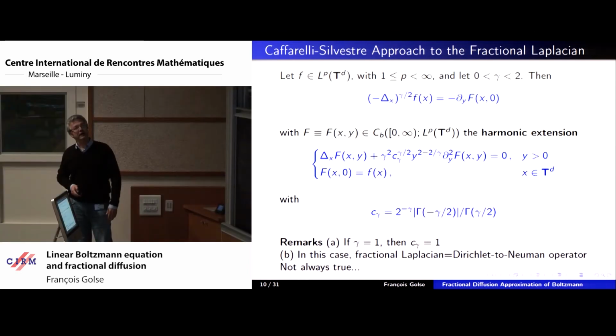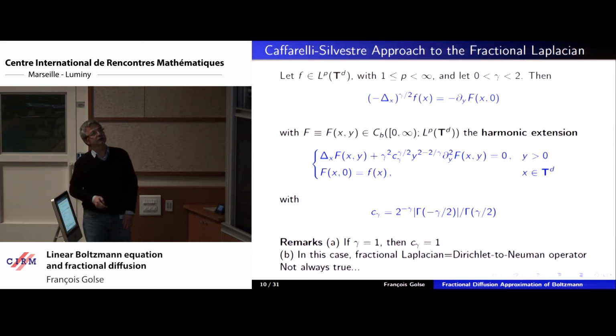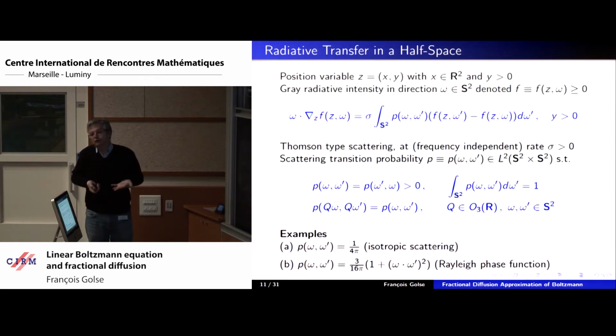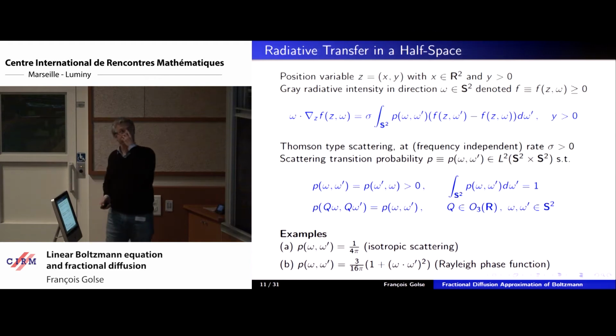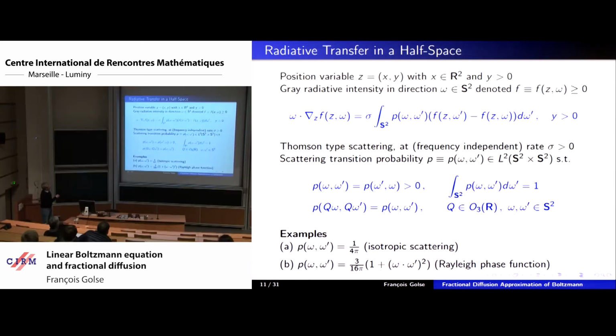Good. So we want to be using this representation of the fractional Laplacian, and we want to mix that with the linear Boltzmann equation in some way. Now I'm going to look at radiative transfer in a half space.